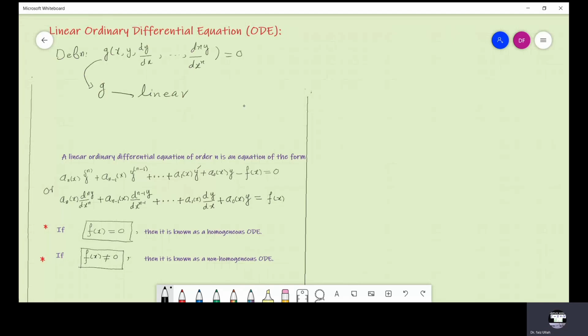A general linear ordinary differential equation is an equation of the form 1, which is a_n of x times the nth derivative of y, plus a_(n-1) of x times the (n-1)th derivative of y, plus up to a_0 of x times y, minus f of x equal to 0.